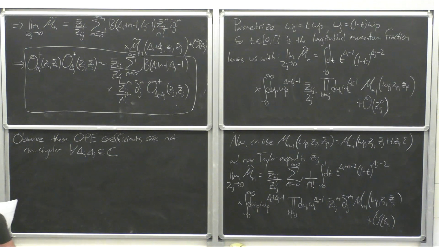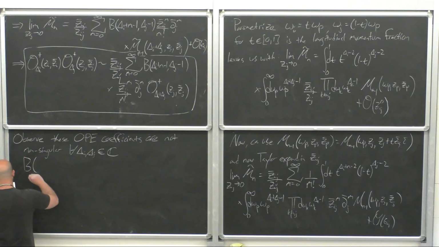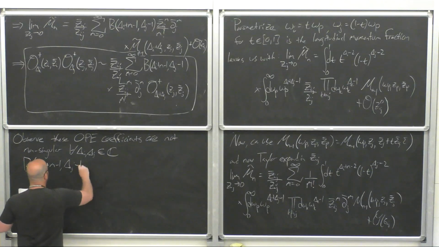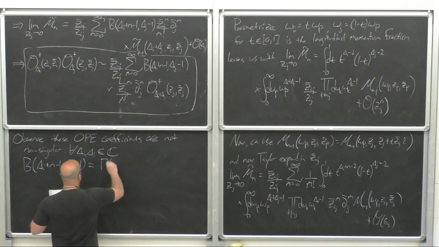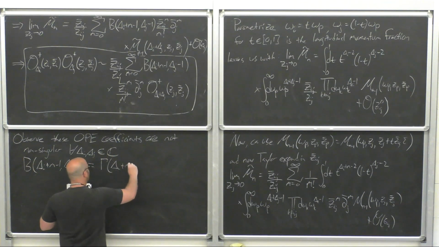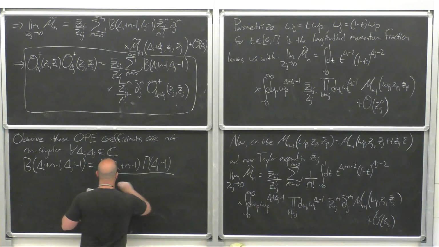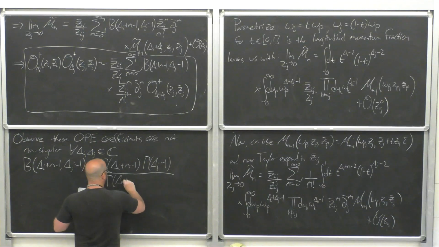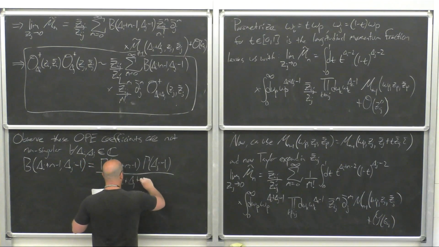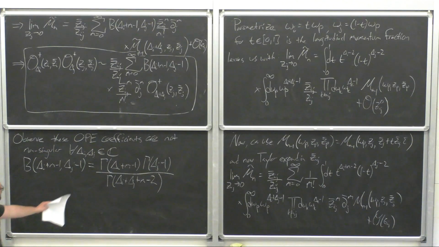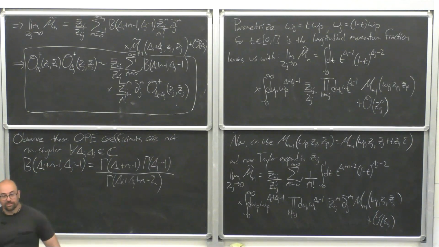Why? That's because this beta function, with arguments delta_i plus m minus 1 and delta_j minus 1, is just the definition of the beta function, and it has poles whenever the arguments of these gamma functions upstairs take 0 or negative integer values.